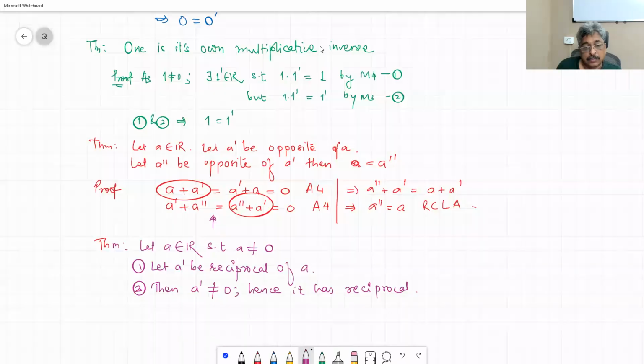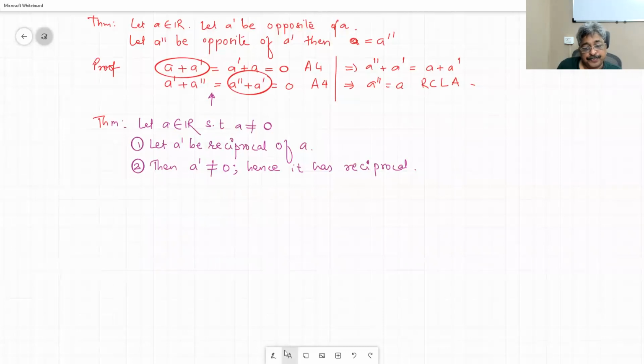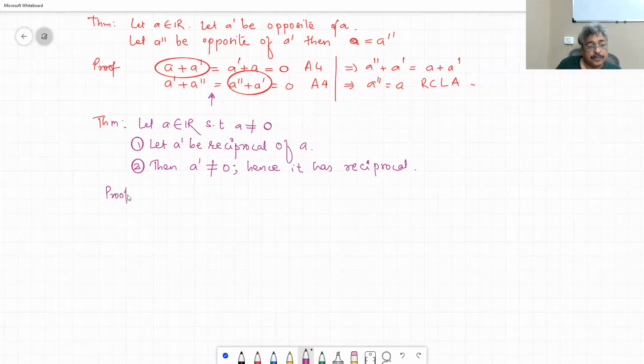Easy, okay, it is easy. Proof: 1 implies A into A dash is equal to 1. If possible, A dash is equal to 0.